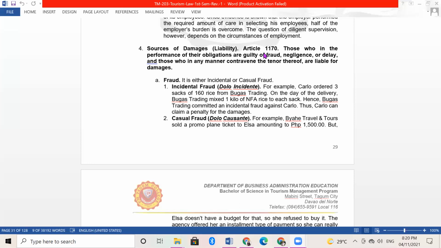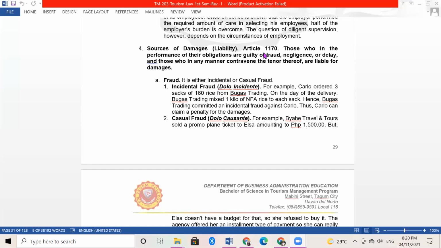So number 6, different kinds of obligation. In this section, we will only discuss the first 4 items as these are the usual transactions in this business. So first is the pure obligation. It is one which is not subject to a period or condition and is demandable at once.